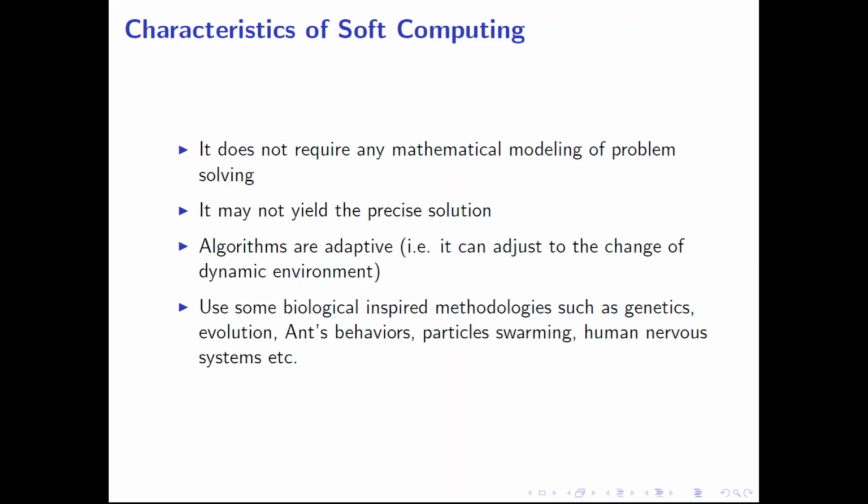Whereas in soft computing, the mathematical model is not required. The solutions provided by soft computing may not be precise. The solution provided by hard computing will be very precise and accurate, but here you may not need a precise solution.